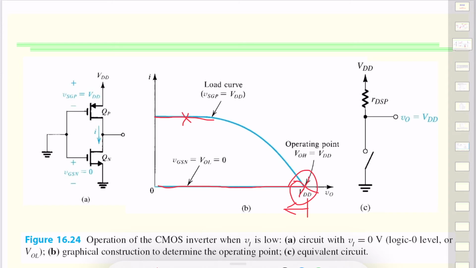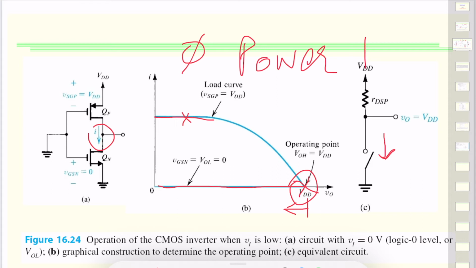So here again, the current is 0. This is open circuit, so there is no current flowing. And again, there is 0 power dissipation. And so we can see that in both extreme cases, the power dissipation is zero.